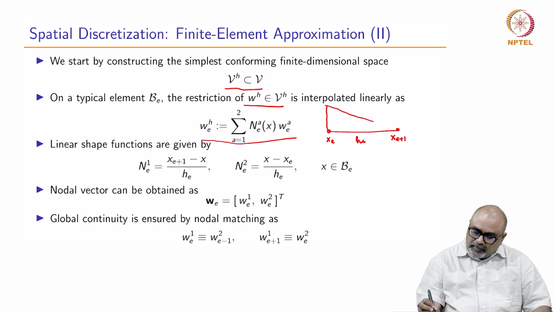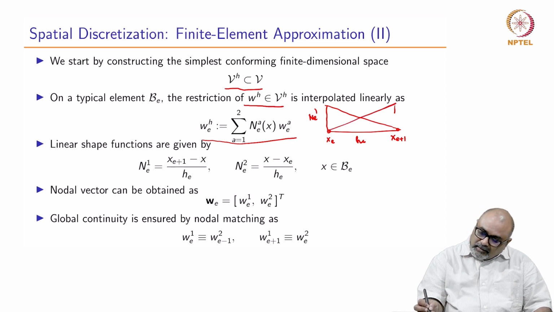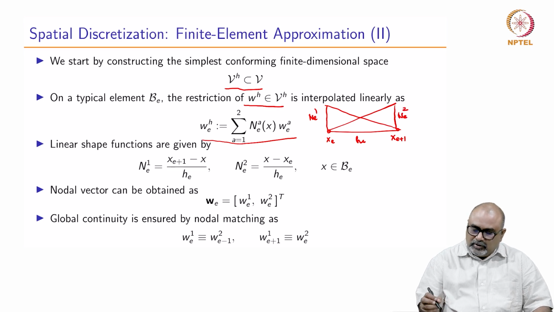So, this is going to be your NE1, which is a linear approximation, and this is denoted by NE2, and between these two approximations we are going to have WE1 as the first value.